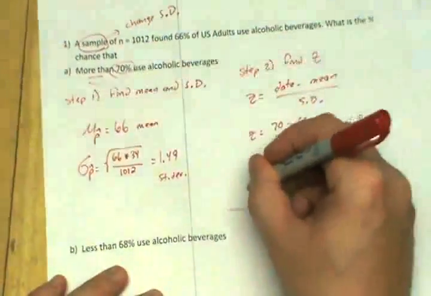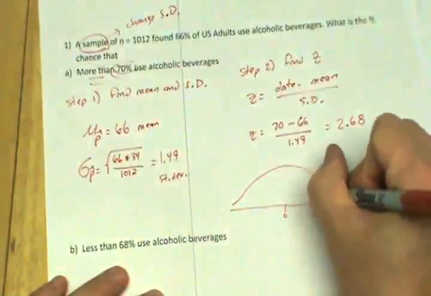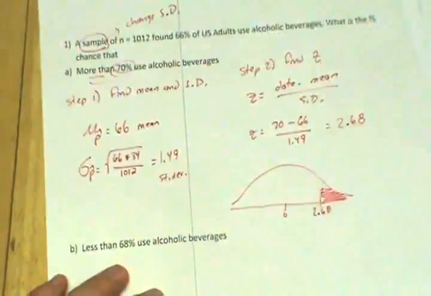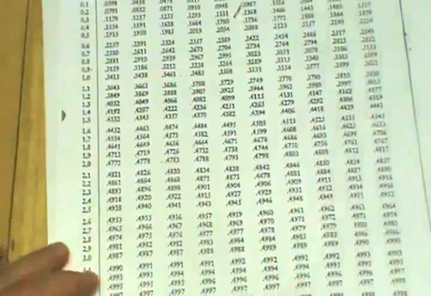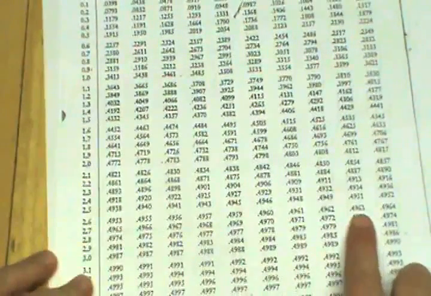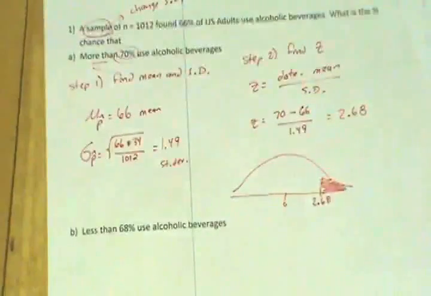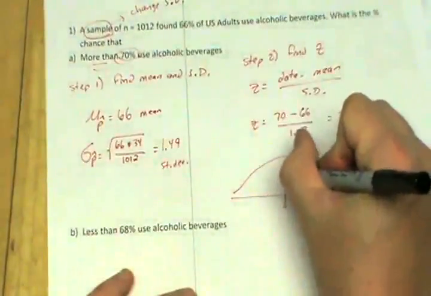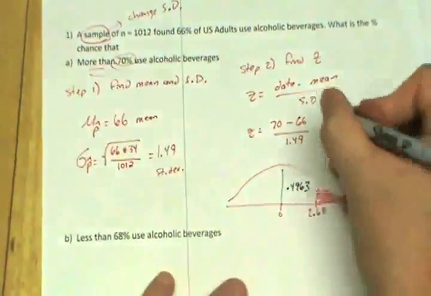Draw ourselves a bell-shaped curve. We want more than that to the right. Okay, we look up 2.68. Okay, 2.6, we go to 8. We're getting back 0.4963. That goes between 0 and the number we just looked up.